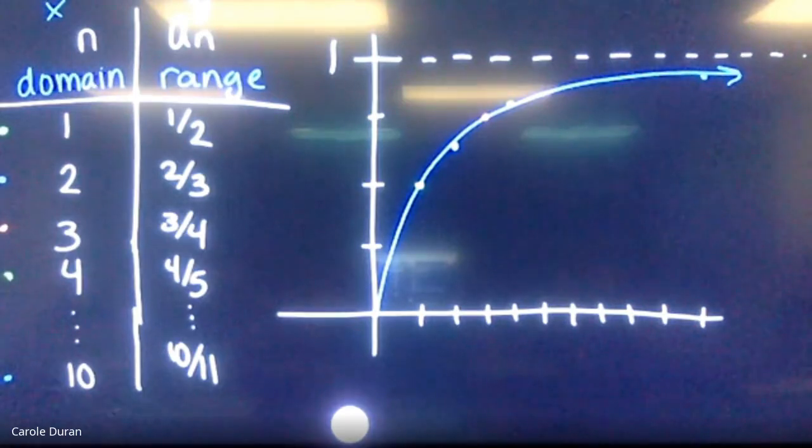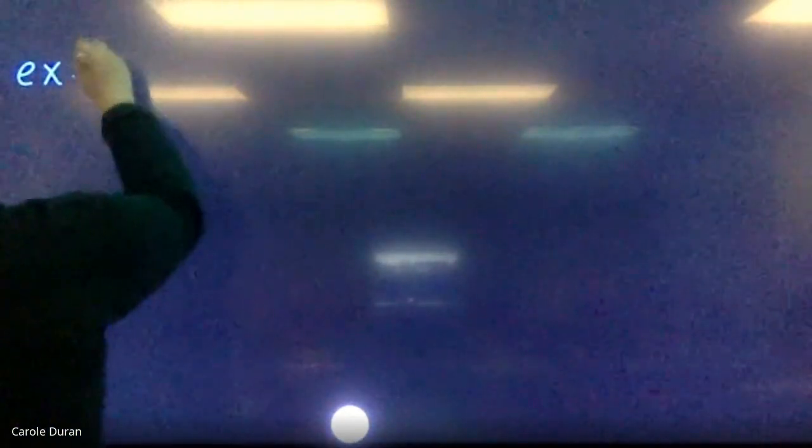Okay, so let's go ahead and look at the next portion. In this one, we're going to still find the first 4 terms, but we're going to do it from a different rule. Oh, hold on. I'm going to write something first. I apologize.